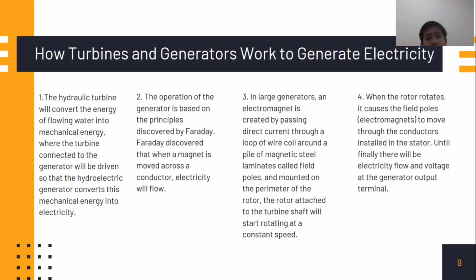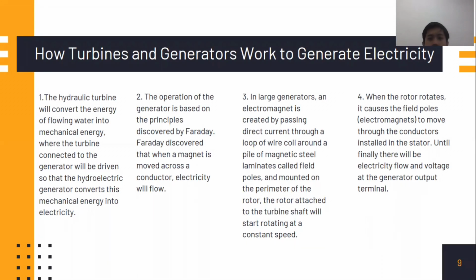Two, the operation of the generator is based on the principle discovered by Faraday. Faraday discovered that when a magnet is moved across a conductor, electricity will flow. Three, in a large generator, an electromagnet is created by passing direct current through a loop of wire coiled around a pile of magnetic steel laminate mounted on the perimeter of the rotor.